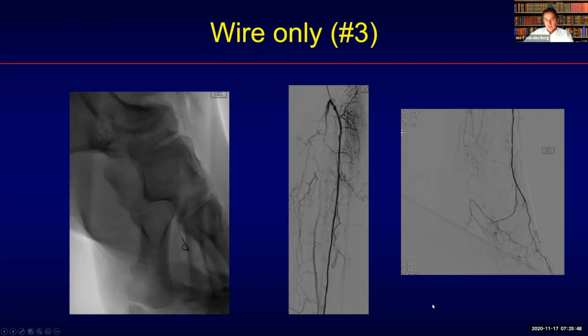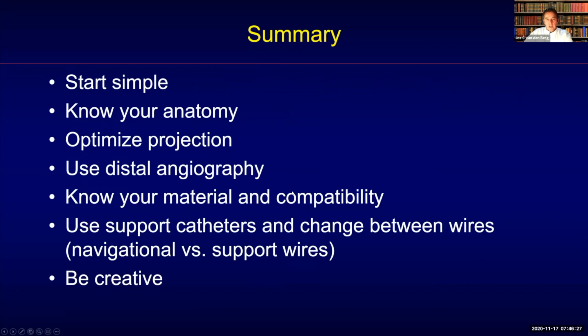To summarize, if you start using the loop technique, start simple, know your anatomy, use the collaterals that you see on the lower leg segment, but know your anatomy, especially in the pedal circulation, know the principal connections between the anterior and the posterior circulation, but also by using distal angiography, identify any other connections that there may be.